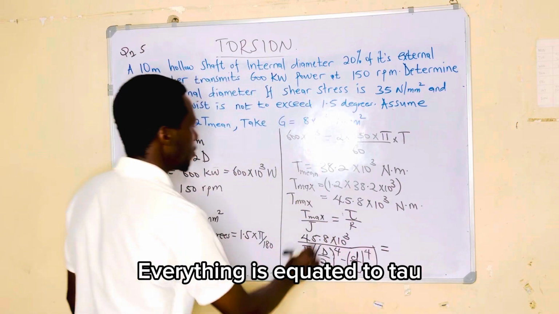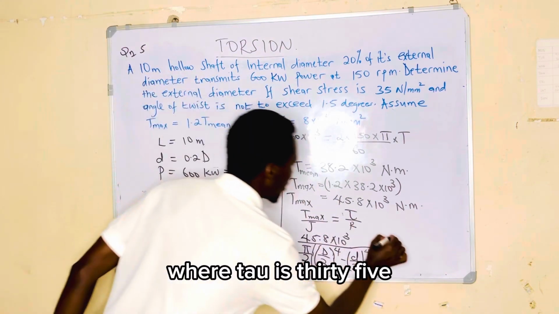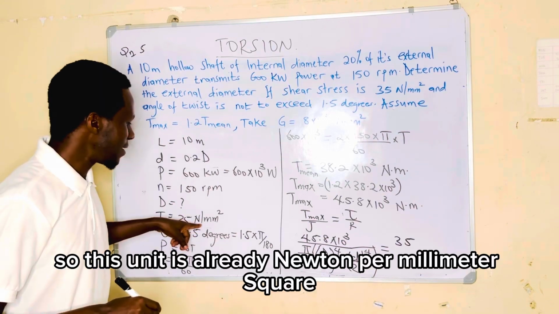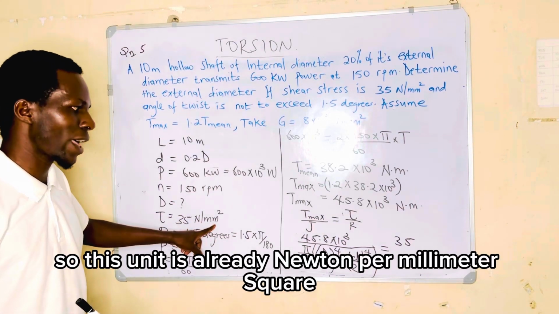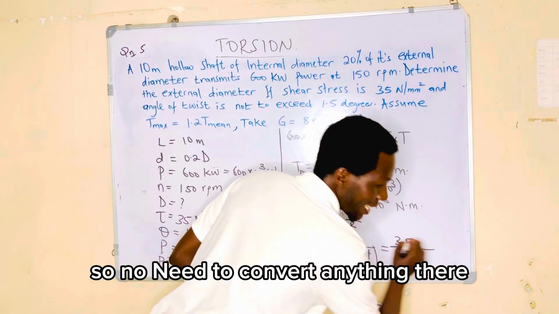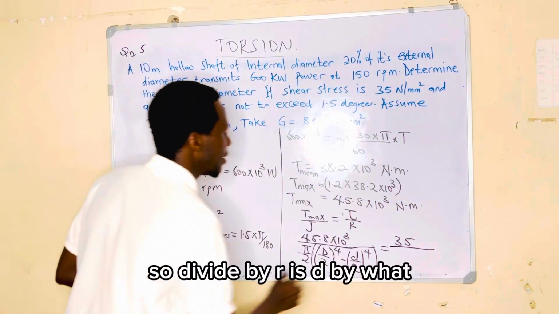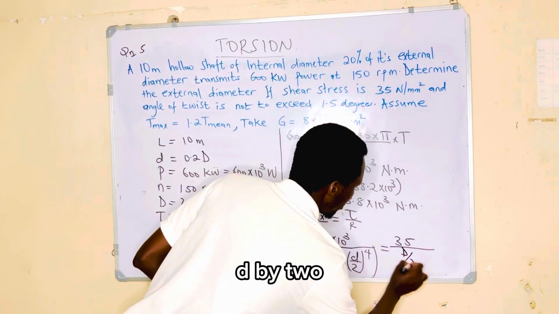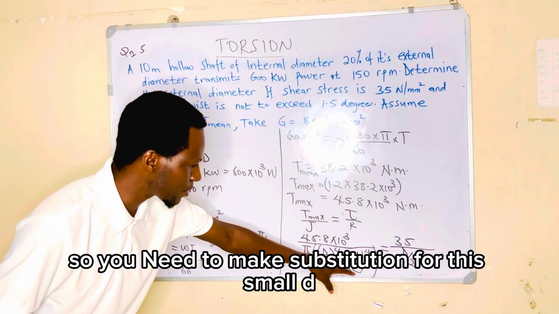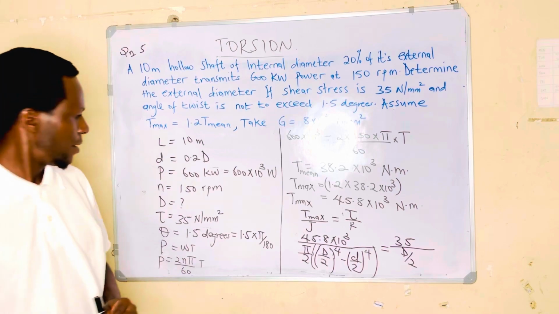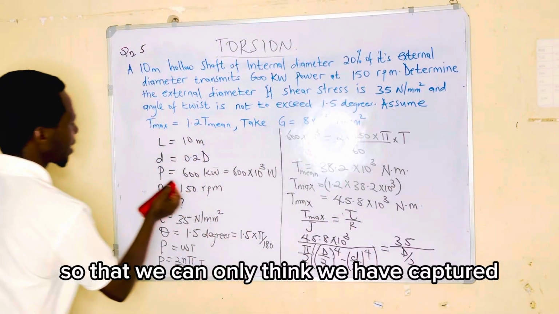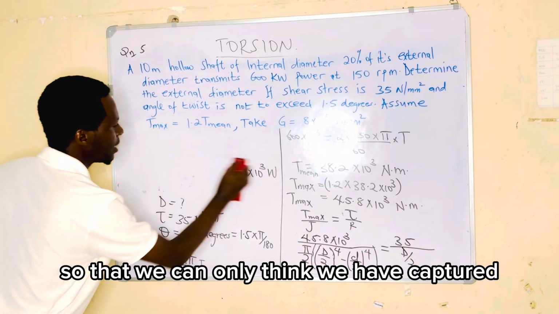Everything is equated to tau, where our tau is 35. This unit is already in Newton per millimeter square, and my answer I will get in millimeters, so no need to convert anything there. So divide by R, which is D by 2, and this D is capital D. You need to make a substitution for this small d. Just allow me to erase this part, so that we only keep what we have captured.